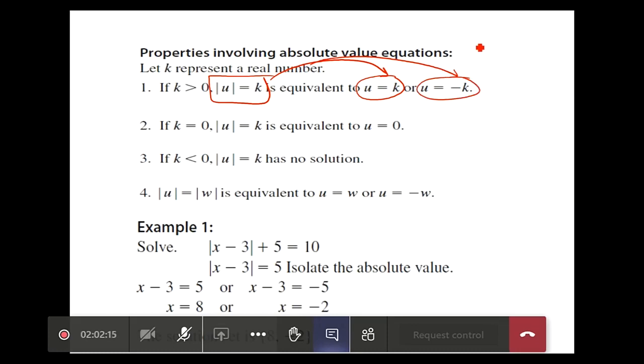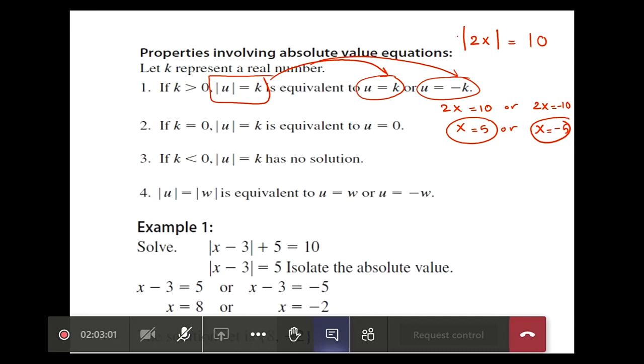For example, about this, absolute value of 2x equal 10. We can remove the absolute value around the 2x, but we must put 2x equal 10 or 2x equal negative 10. Put them together, 2x equal 10 or 2x equal negative 10. By dividing by 2, we have x equal 5 or x equal negative 5. So we have two solutions.